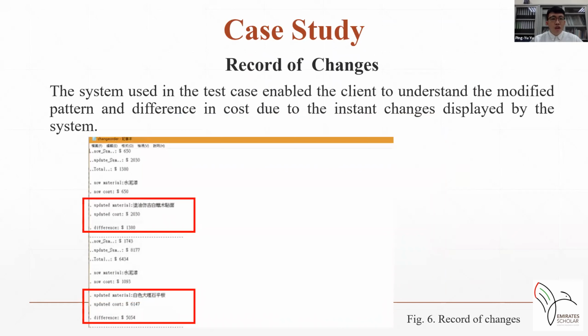Record of changes. The system used in the tester case enables the client to understand the modified pattern and the difference in cost due to the instant changes displayed by the system. In Figure 6, data regarding the changes were also recorded in the tester field. The client and the construction company could use the recorded data to discuss further changes.